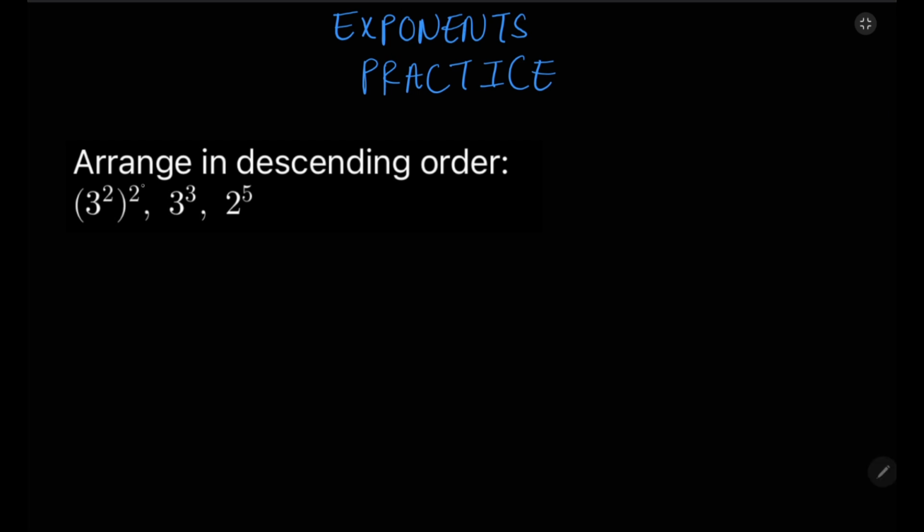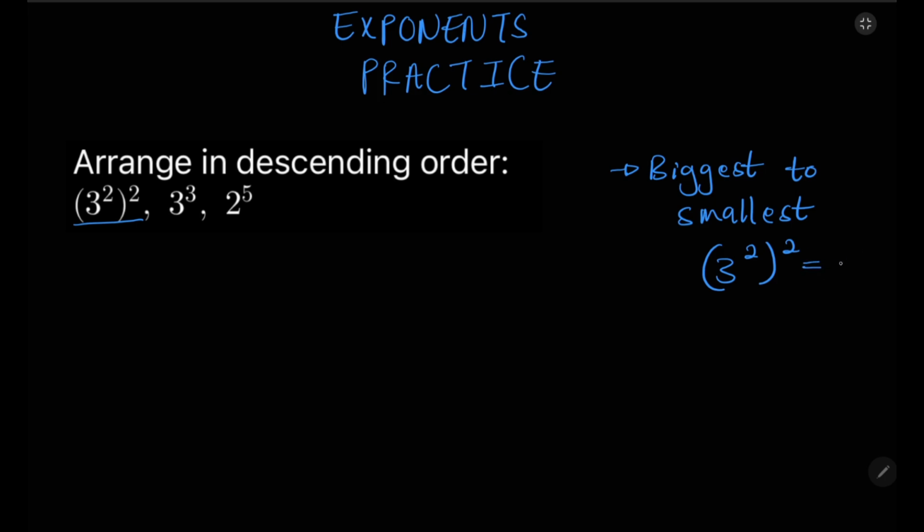Let's do another example, arrange in descending order. Descending order is biggest to smallest. Okay, in the first part we have 3 to the power 2 outside our bracket we have 2. Now let's calculate this. 3 to the power 2 to the power 2 is equal to 81.